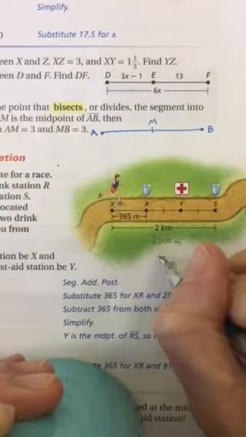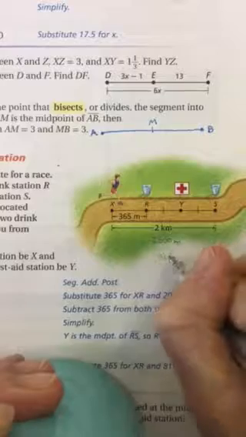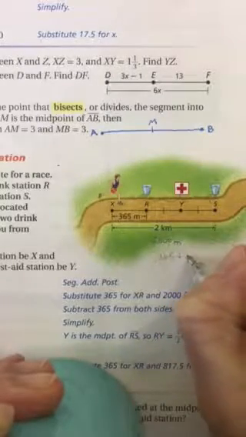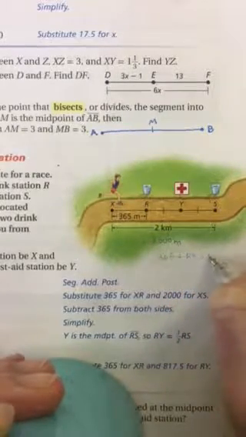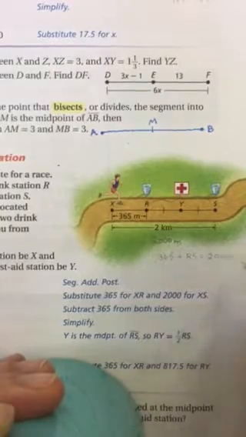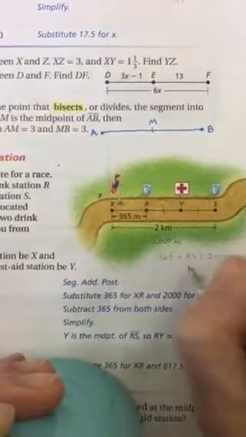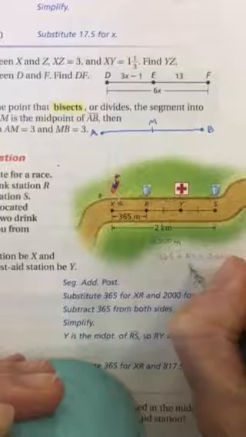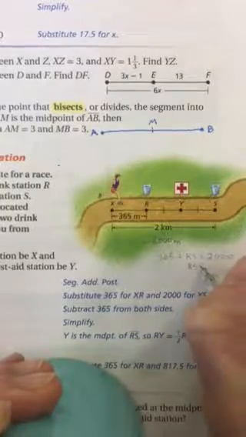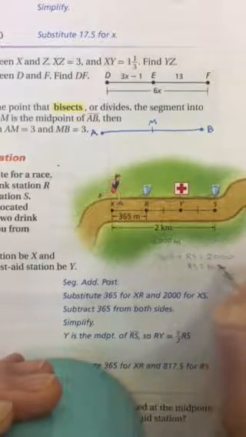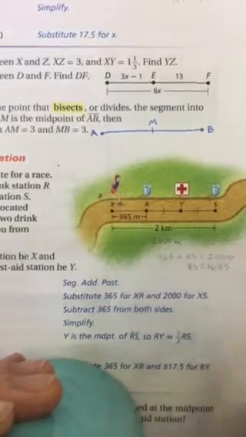XR is 365 plus RS equals 2,000. Obviously, all we're going to do here to solve for RS is to subtract 365 from 2,000, and that is going to equal 1,635.